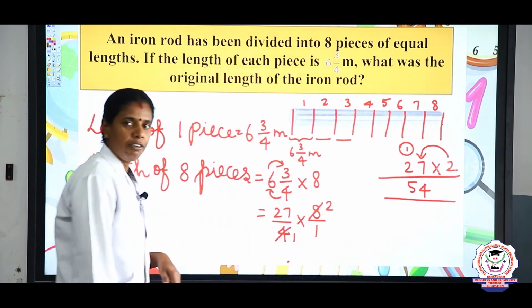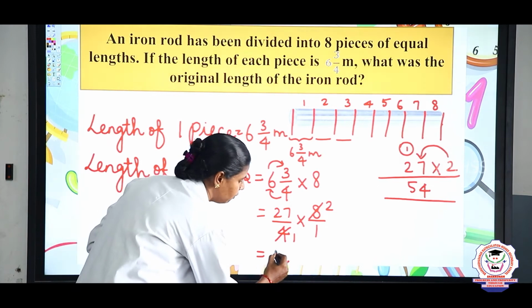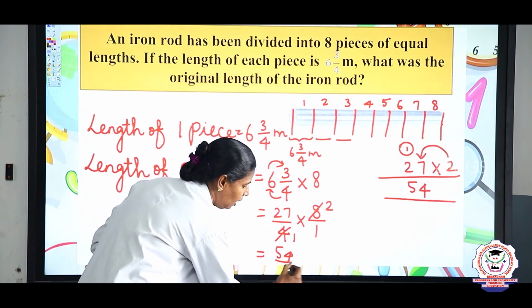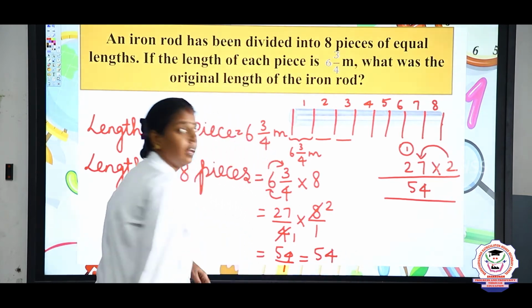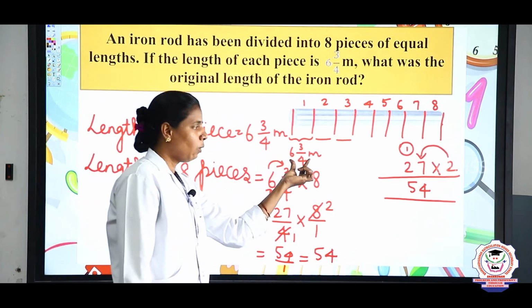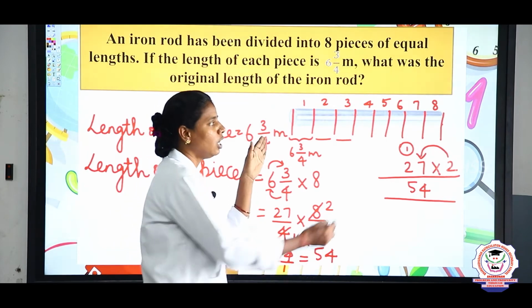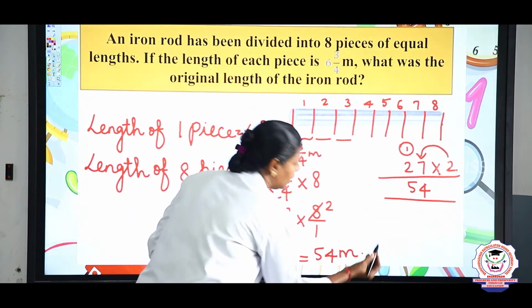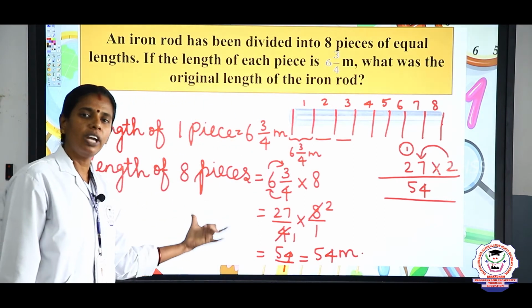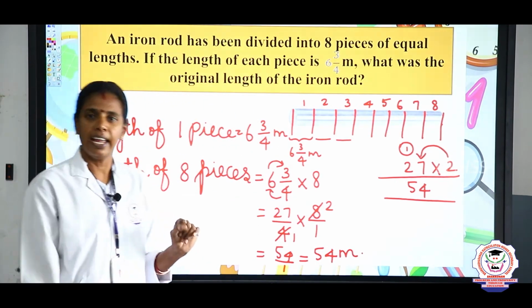So 54. Is it clear? So 54 by 1 which can be written as 54. So the length of one piece is 3 by 4, so the original length of the iron rod is 54 meter. Is it clear how to calculate the original length of the iron rod?